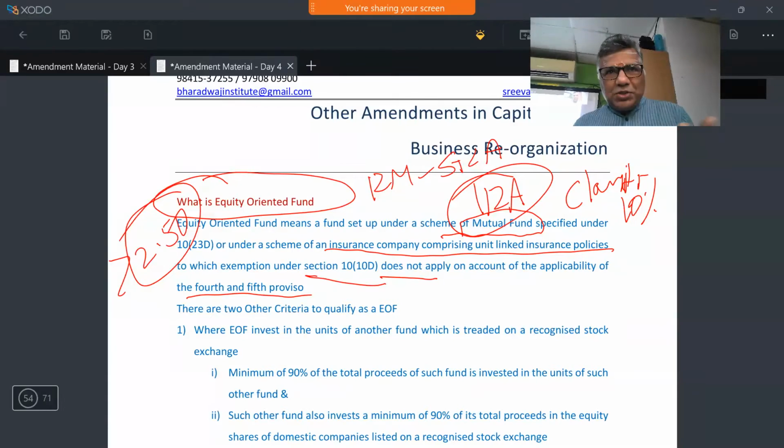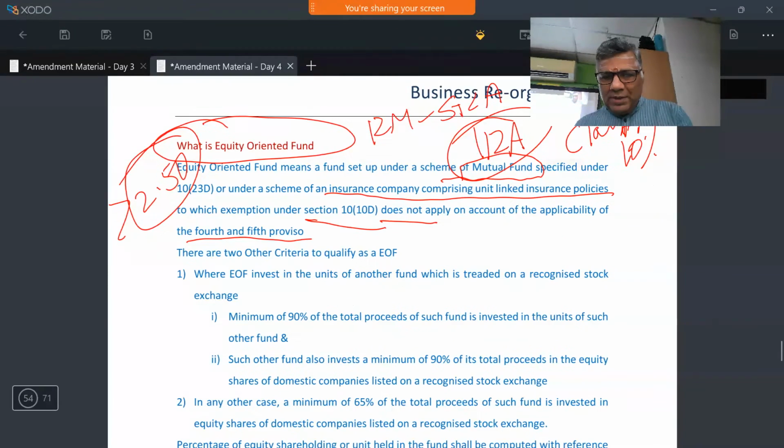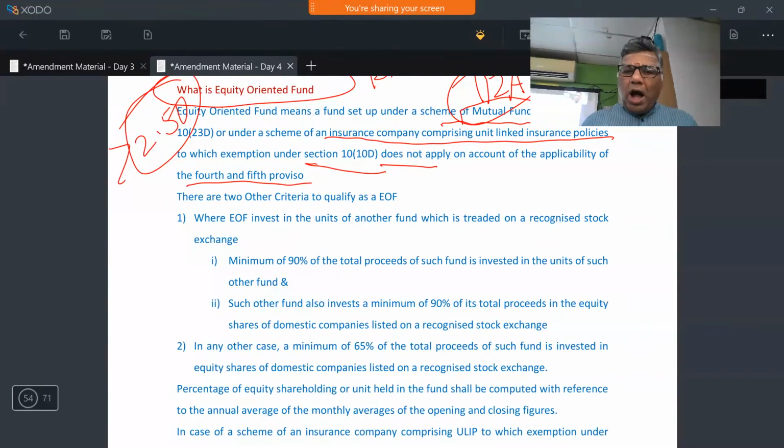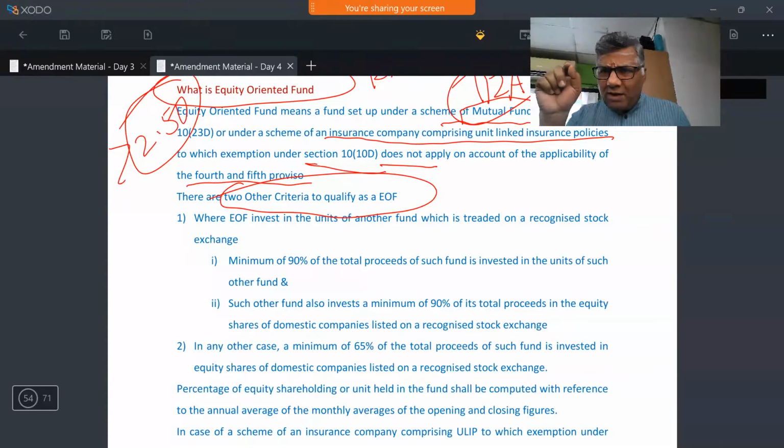Okay, so that is also. There are two other criteria to qualify under equity oriented fund. That is, the business trust law, we have seen this condition. I invest in an SPV, the SPV should invest in real estate properties or immovable properties.